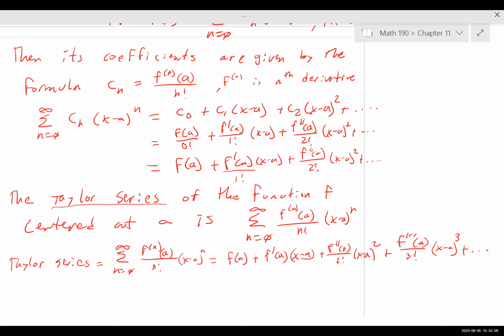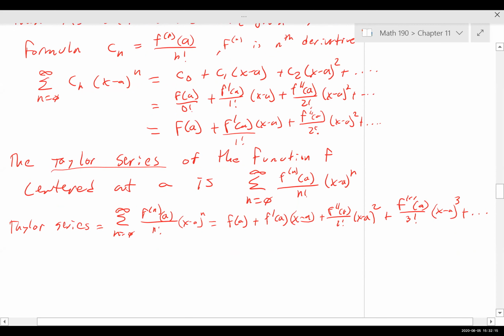Now what we do for convenience is we let a be equal to 0. If a equals 0, then the series is called a Maclaurin series.